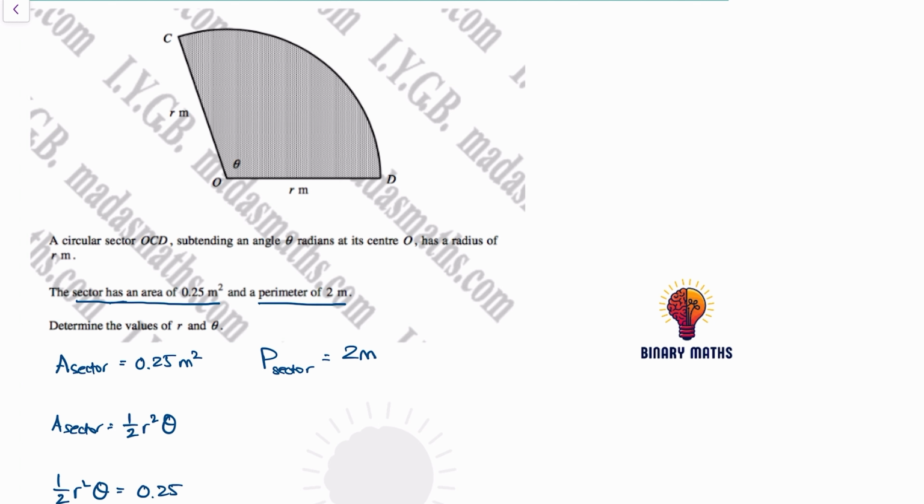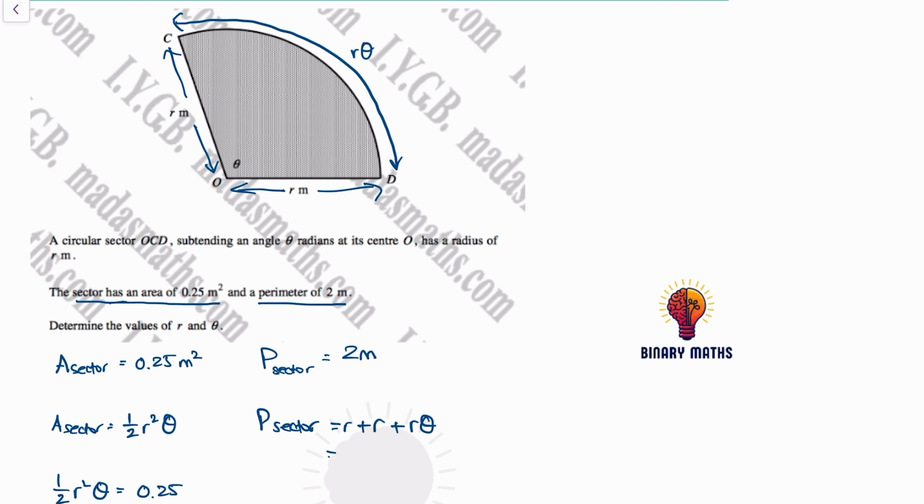The perimeter of the sector must be equal to r plus r plus the arc length here, which is r theta. So plus r theta.